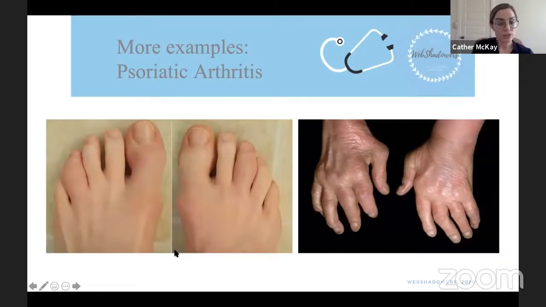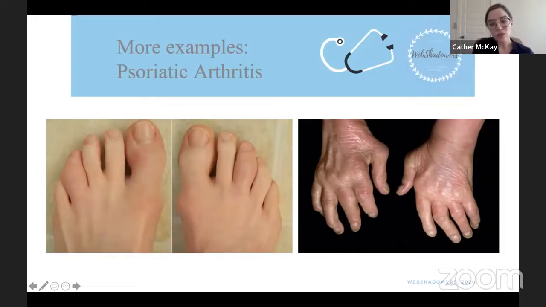And then some pictures of psoriatic arthritis. The last one was just a cartoon, but this is a real picture of dactylitis, where you have what's literally called a sausage digit, and that's acute inflammation, painful.